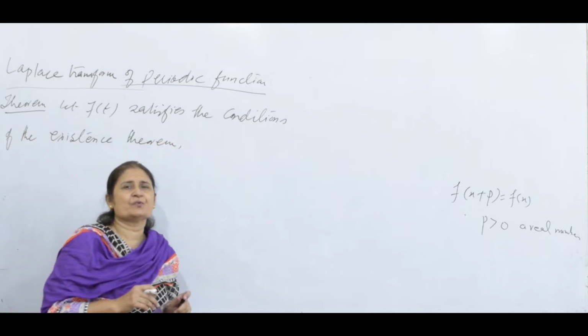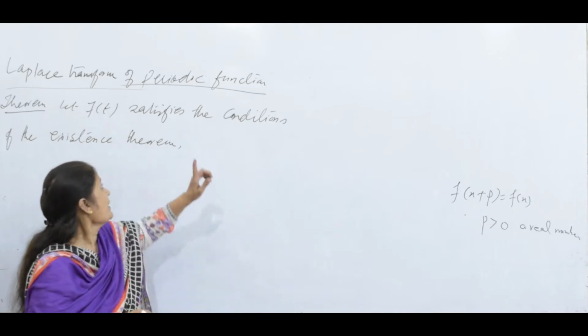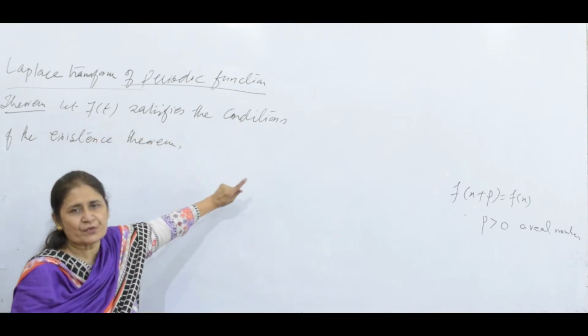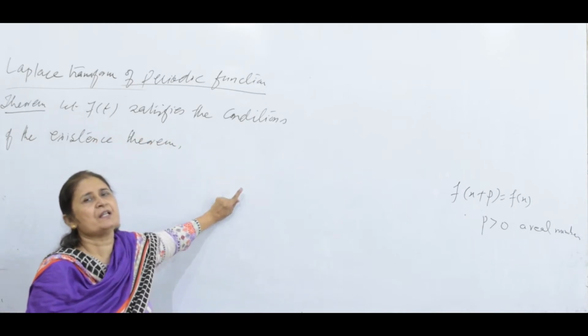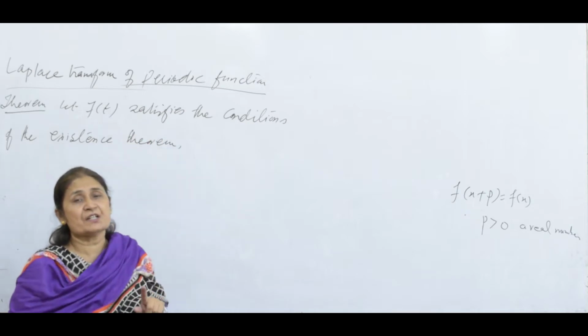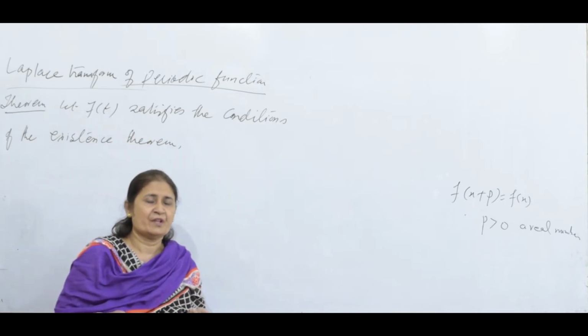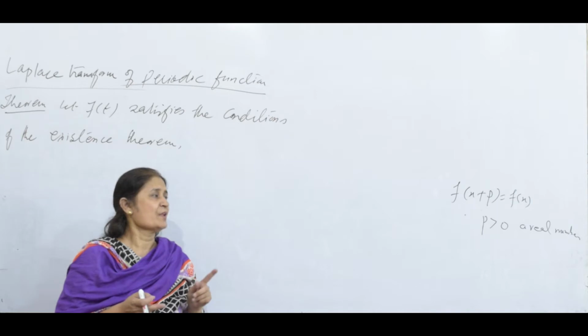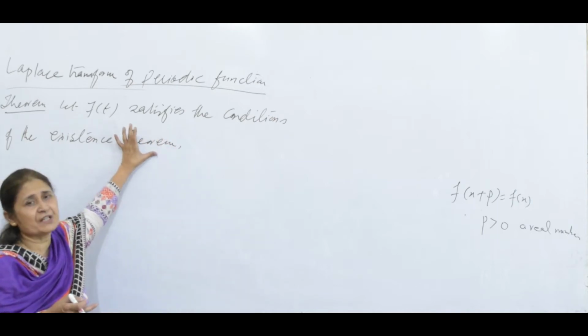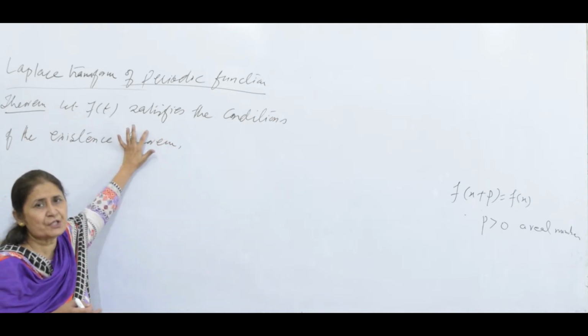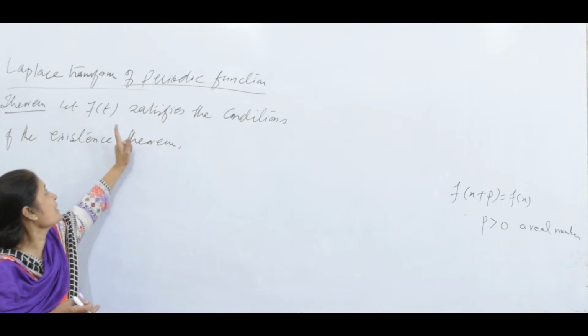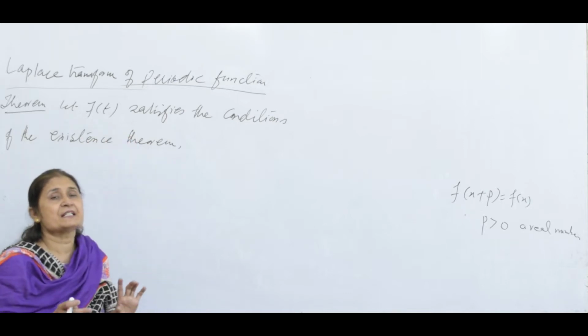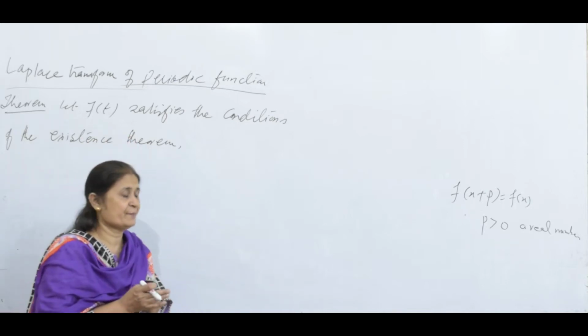The conditions of the existence theorem are: number one, f(t) is piecewise continuous, and the other is f(t) is of exponential order. If a function satisfies both of the conditions, then its Laplace transform exists.